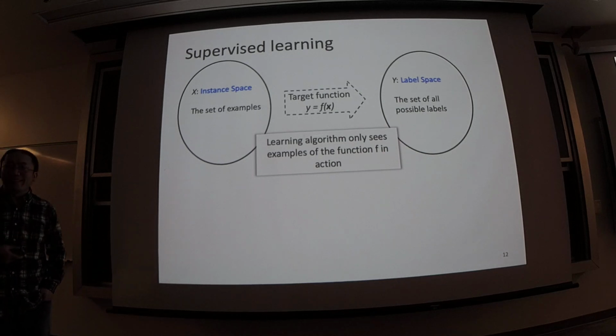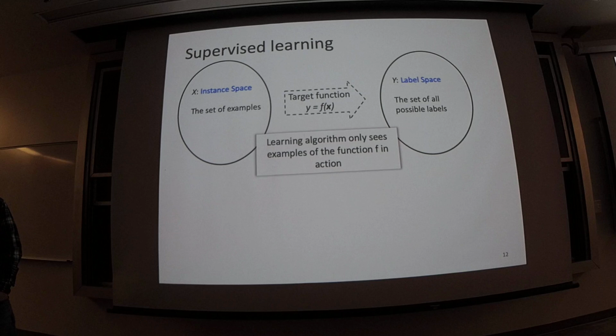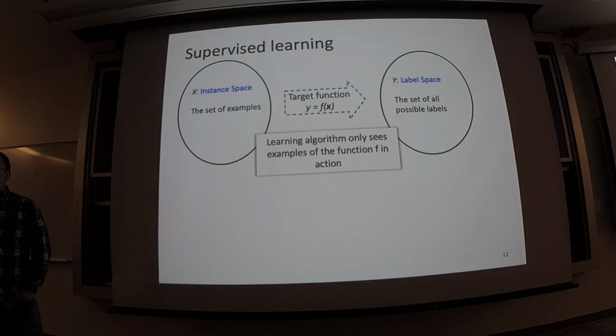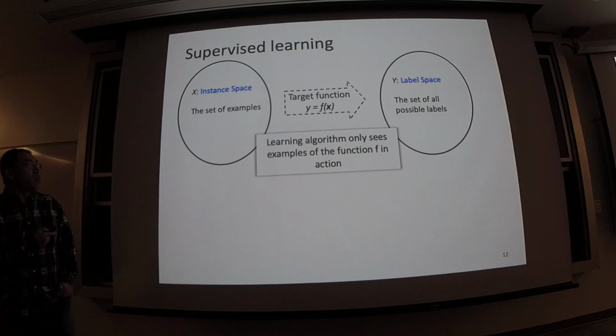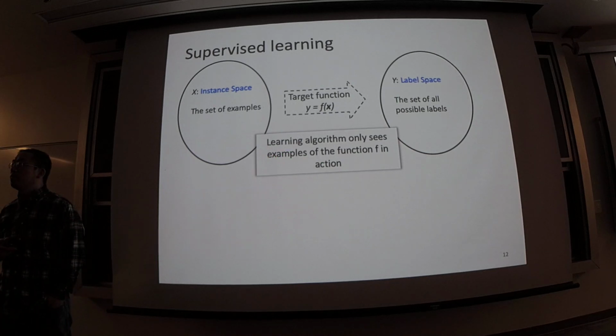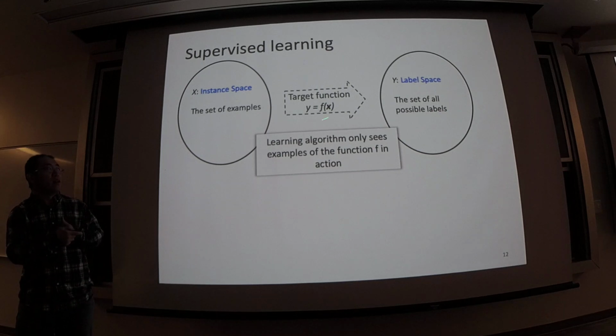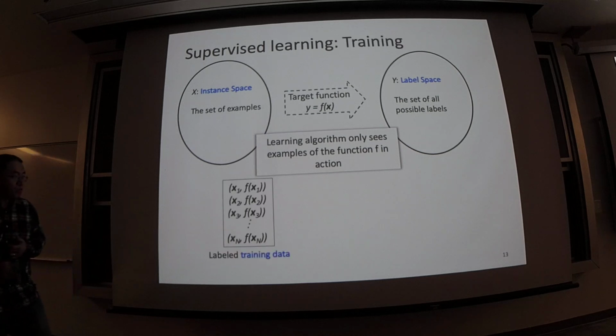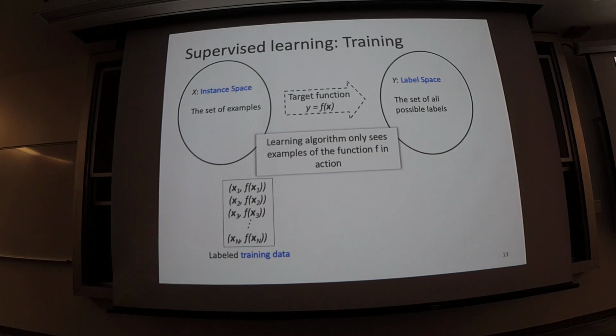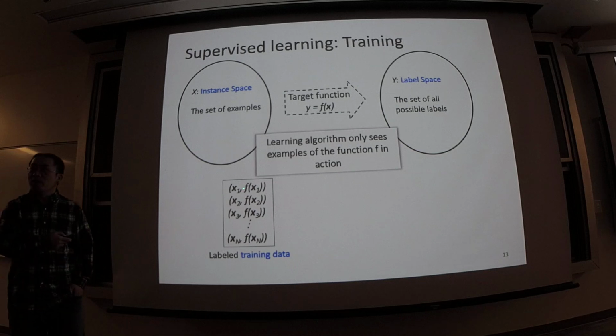But how can we conduct a learning algorithm, right? Obviously we do not know the target function. What we have is just a few examples of the instances and their labels. So based on those examples, we want to find out the target function or a close approximation of this function, right? Those examples we call training data. Abstractly, we can view them as pairs of the instances and their labels, right?